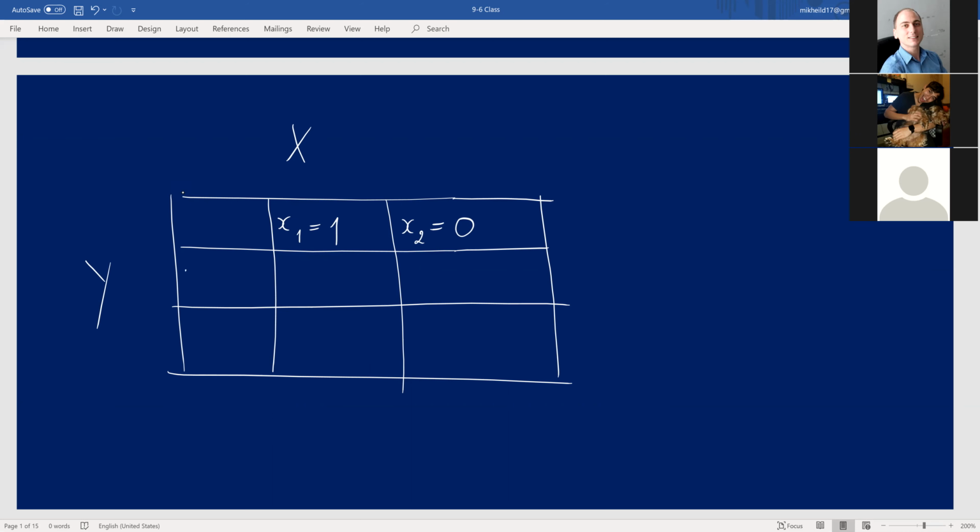Same thing here. First possible outcome of Y is 1, that you pass, and the second possible outcome of Y is 0.